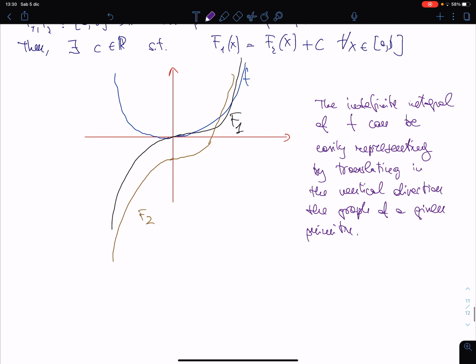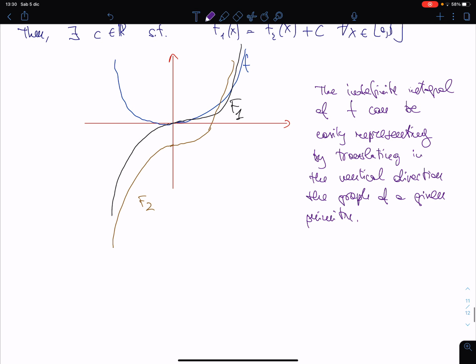And so the proof is elementary, it is really elementary.